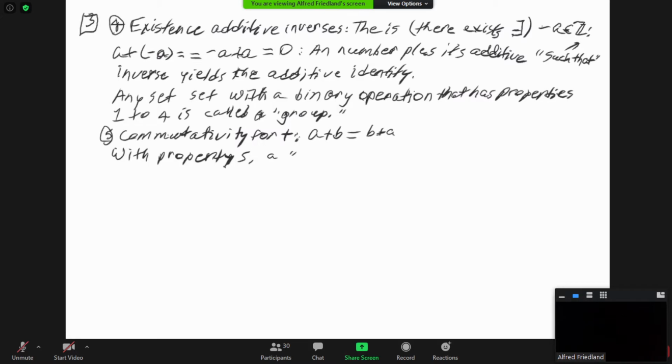So a group has just one binary operation, whatever you want to call it. You can call it addition, multiplication, or something else. But with property 5, it's called a commutative group, for obvious reasons.